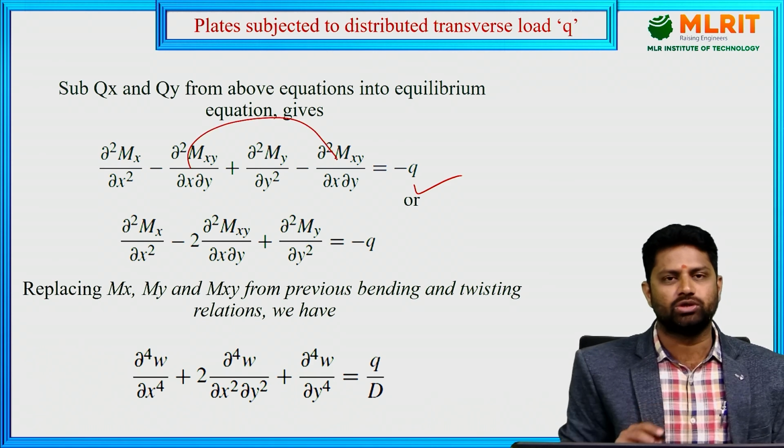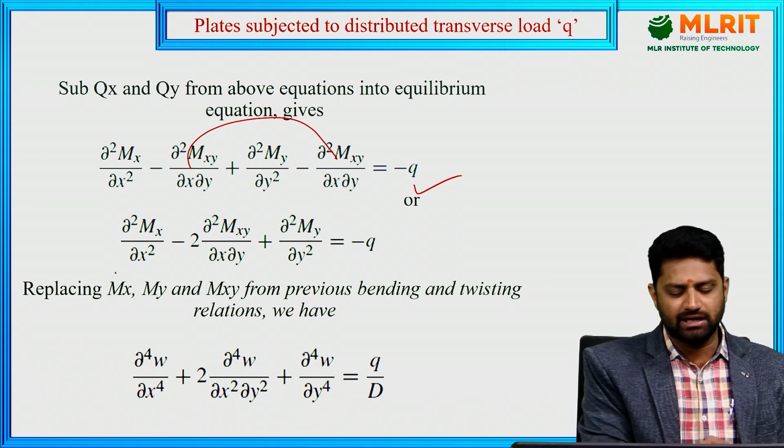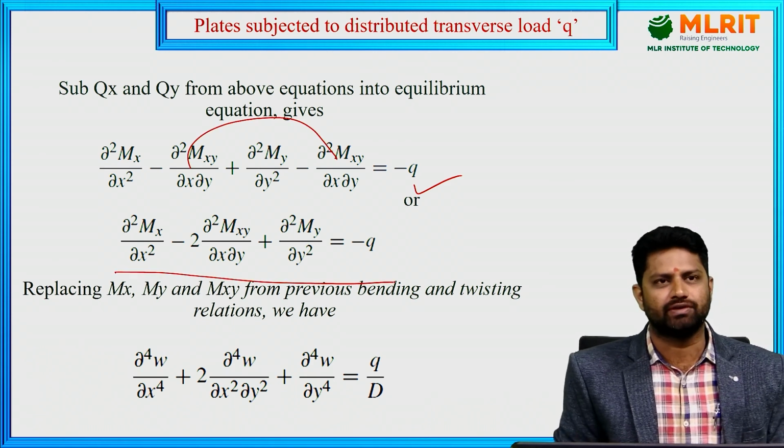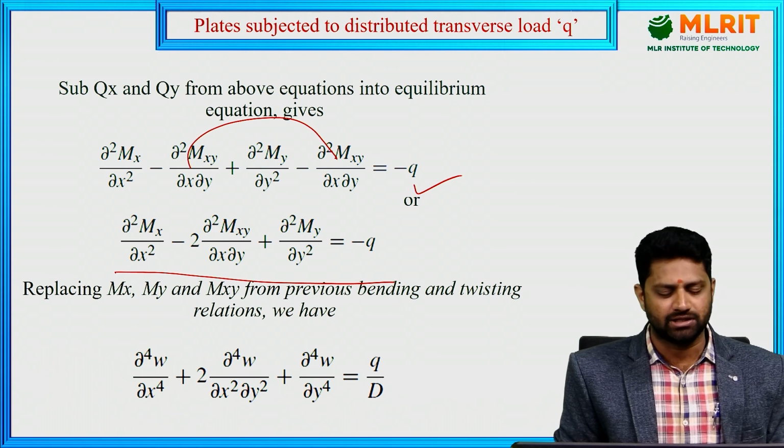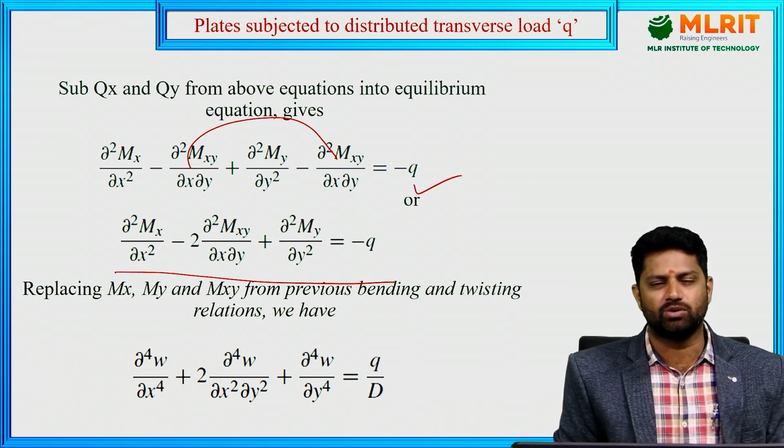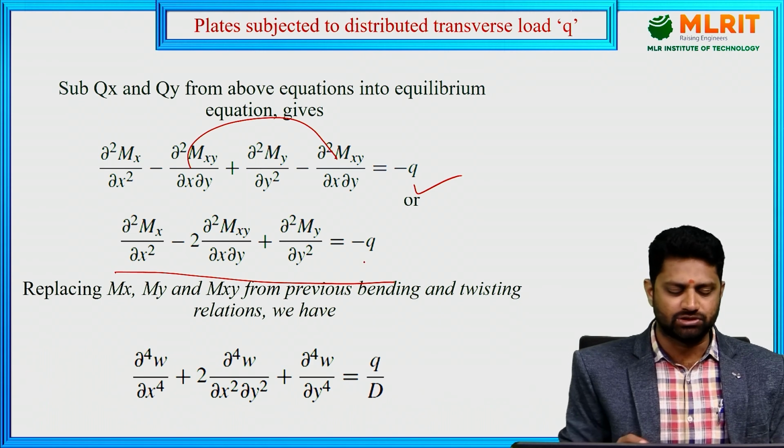These two terms you can add up, and write the entire equation as ∂²mx/∂x² minus 2 ∂²mxy/∂x∂y plus ∂²my/∂y² equals minus q.